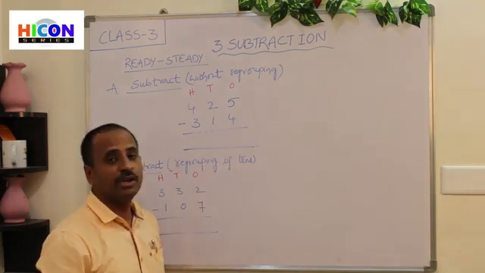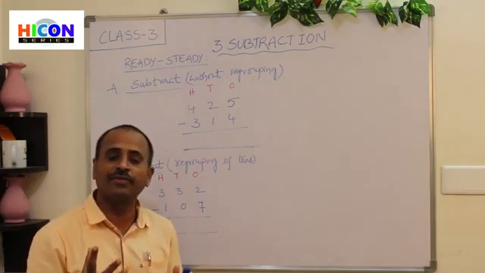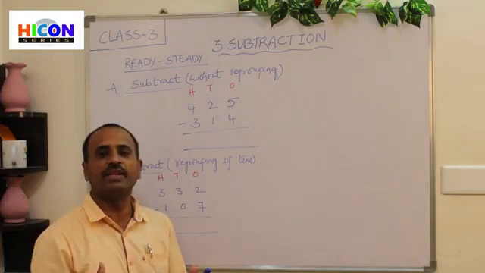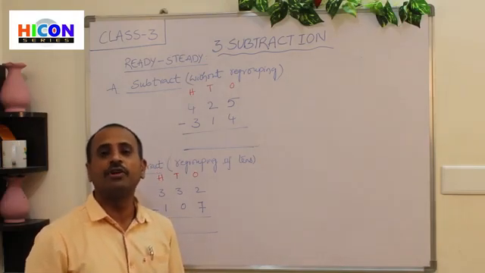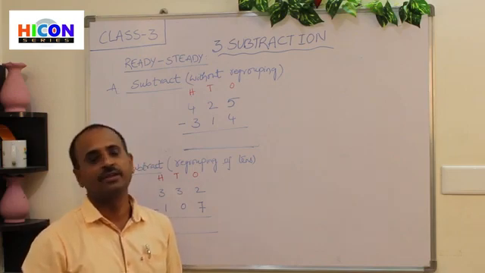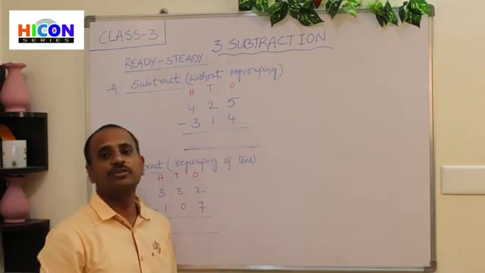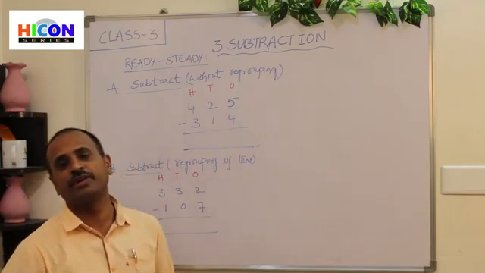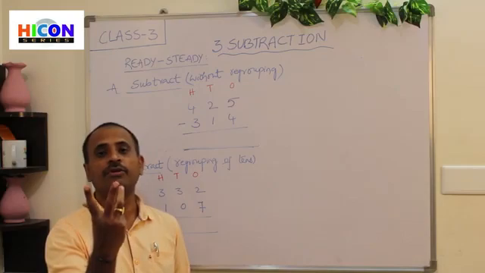Here the first number is 5 and the second number is 4. Always open fingers equal to the first number in the subtraction. So open 5 fingers of your hand: 1, 2, 3, 4, 5.